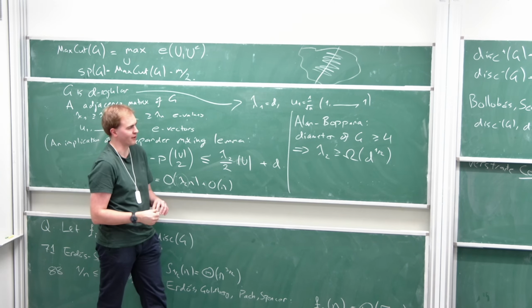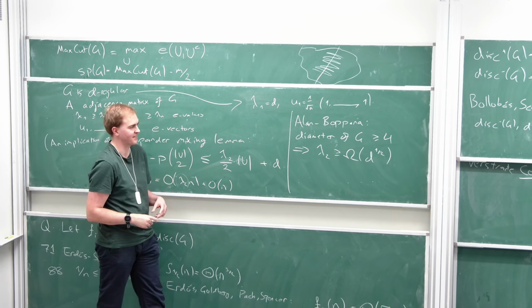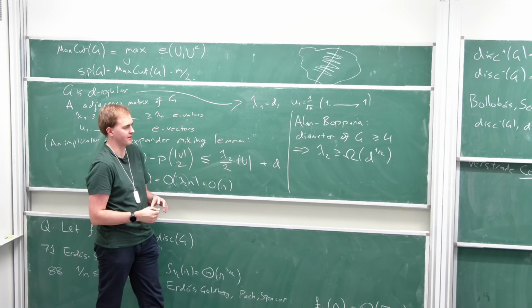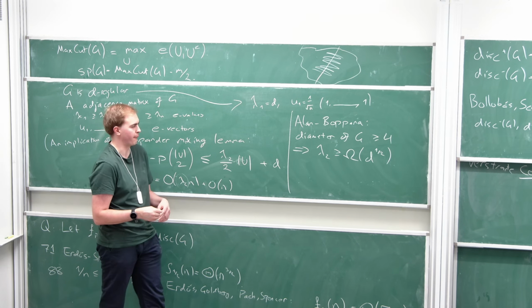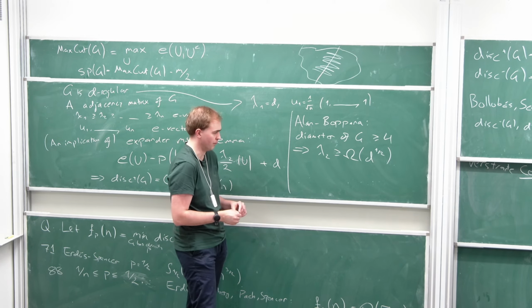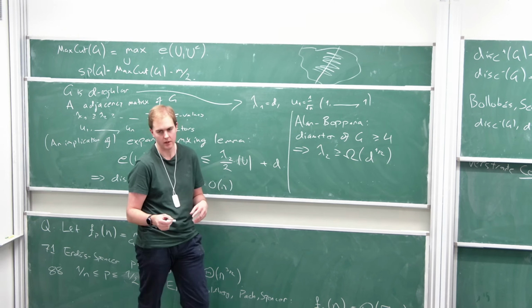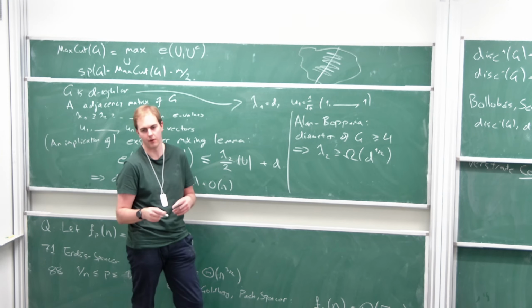Unfortunately, the proof completely breaks down if the diameter is 2 or 3, so we don't get any information regarding lambda 2, and that can already happen for quite small d, even when d is of the order n to the 1/3.